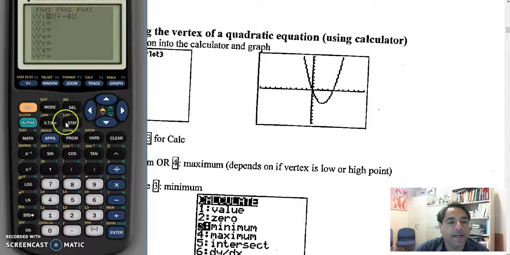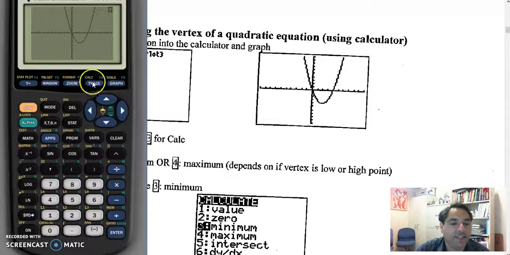Now remember, they're using a standard window, so your calculator may already be set that way. If not, if you hit zoom 6, it brings you to a standard window, and you can see 0, 0 and 4, 0 are your x-intercepts.